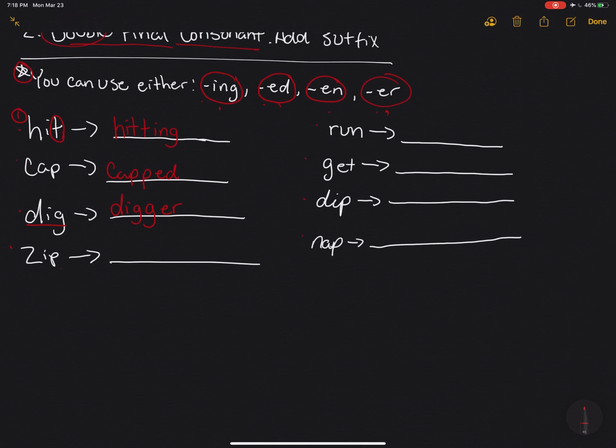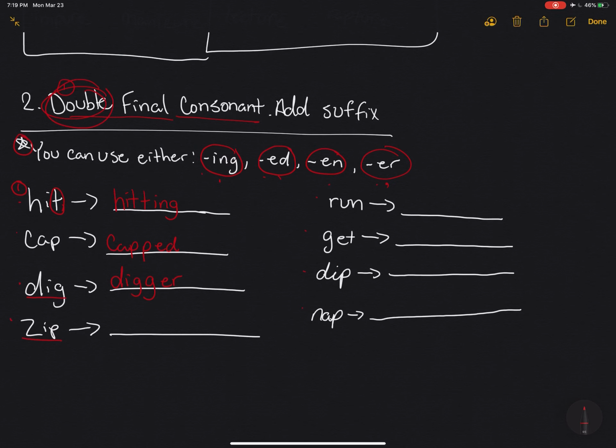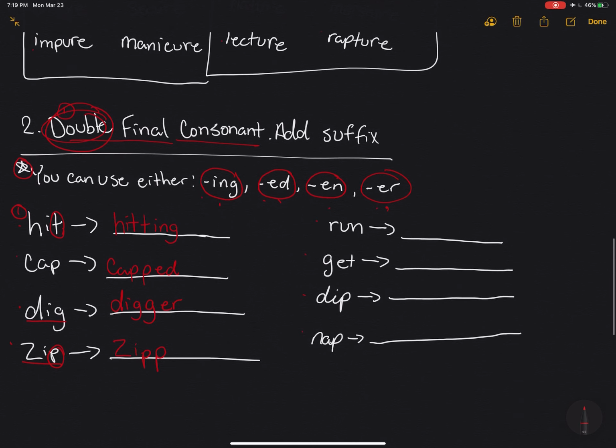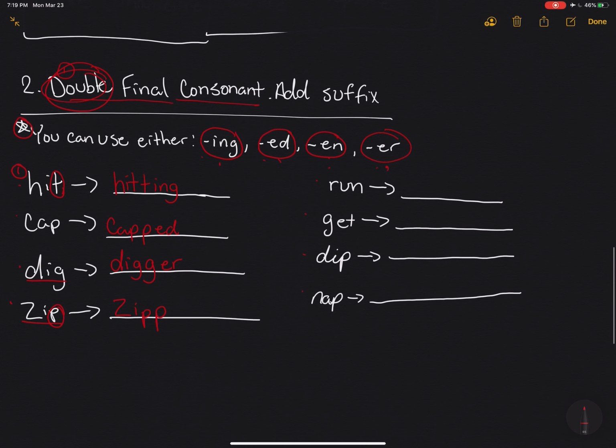Zip. Once again, follow the first instruction, which is doubling the final consonant, which in this case is a P. So Z-I-P, double the final consonant. And now you need to ask, what makes sense? Zipping, zipped, or zipper?